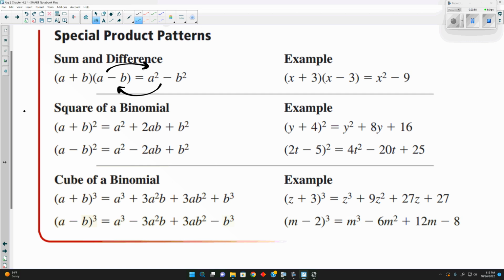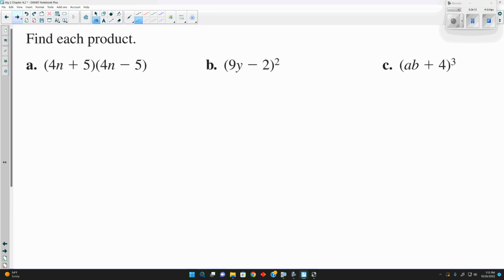If I see that it's a plus b times a minus b, well, it's just the first term squared minus the second term squared. So really we can go from x plus 3 times x minus 3 to x squared minus 9. And our first example that we have, still on that same page, 4n plus 5 times 4n minus 5. Same two terms, but the signs are different.